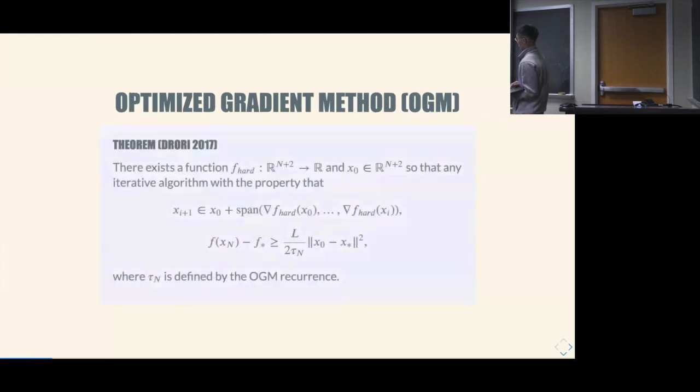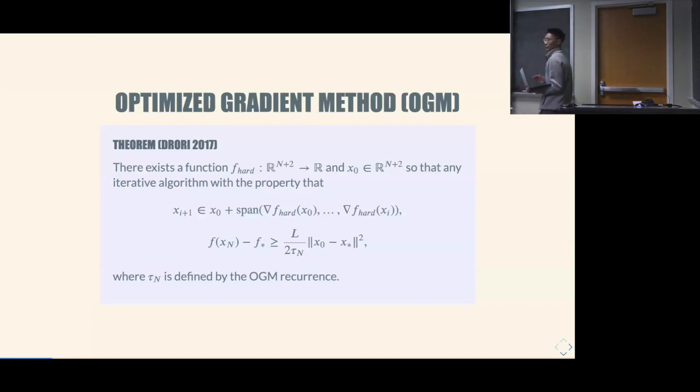On the other hand, later work of Drury showed that you cannot improve upon this constant. In a very explicit way, there is a so-called hard function with the property that any gradient span method, which in essence you can think of as any first order method that works without additional assumptions on the function, has a lower bound whose performance is exactly the same as the OGM performance.